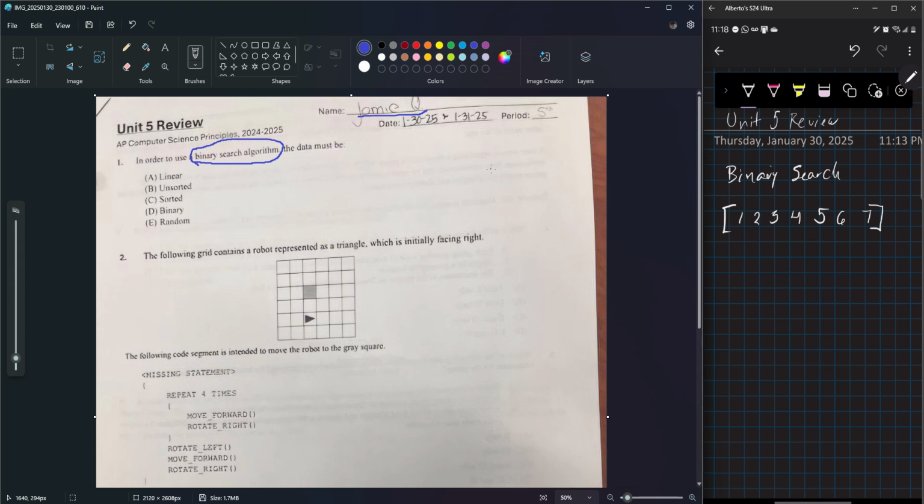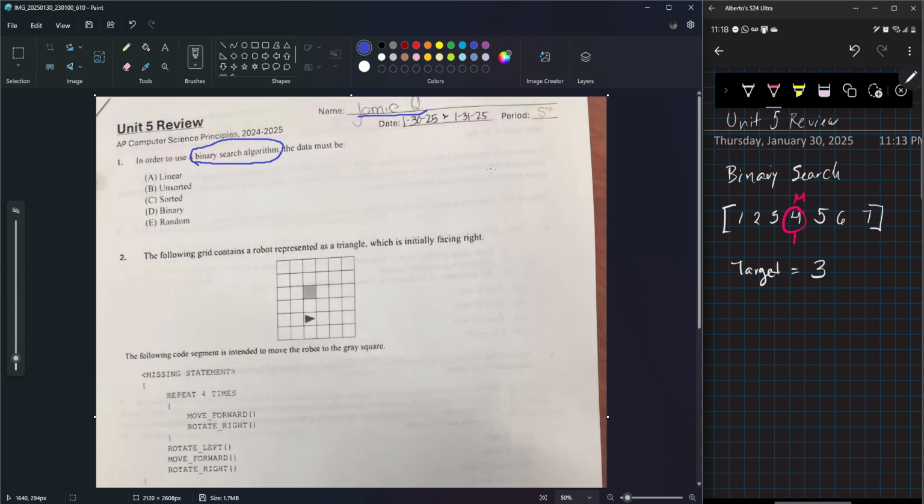And let's pretend that we're looking for number 3. So the target is number 3. So in binary search, you would first find the middle, which is 4, right? And you check, is 4 my target number?